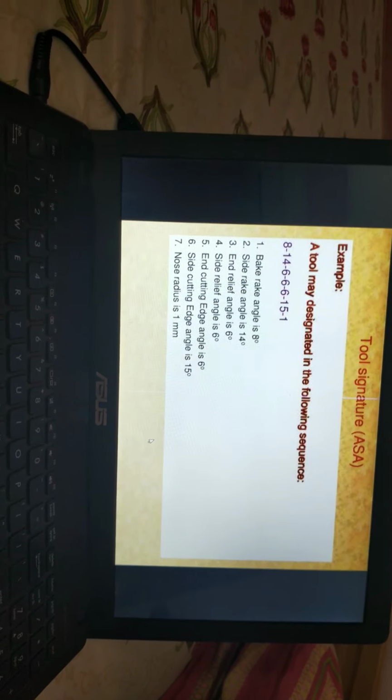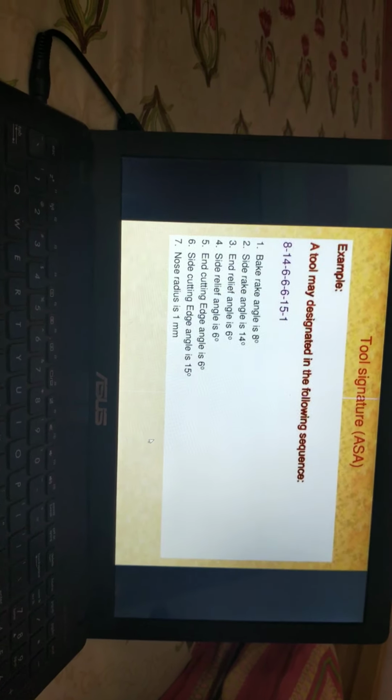A single point cutting tool is designated with the help of this ASA system as follows: first the back rake angle, next the side rake angle, end relief angle, side relief angle, end cutting edge angle, and side cutting edge angle, which may be called phi E and phi S, and last the nose radius. In this way we designate the tool with the help of the ASA system.